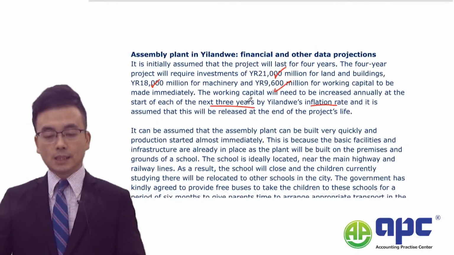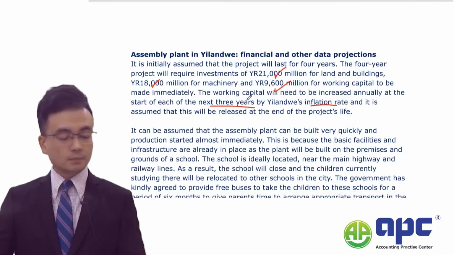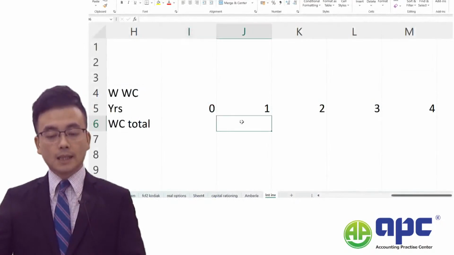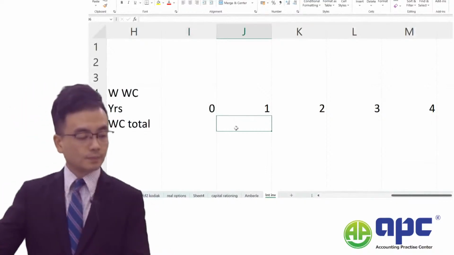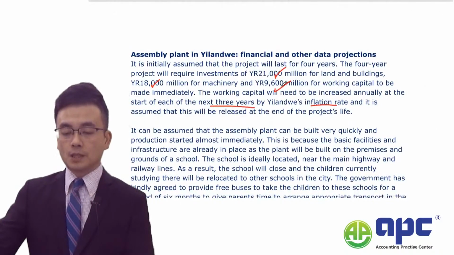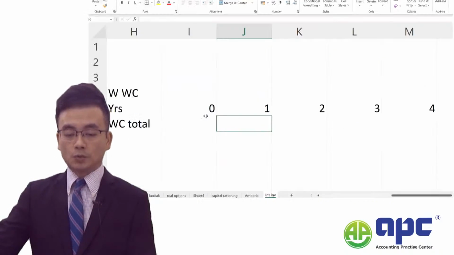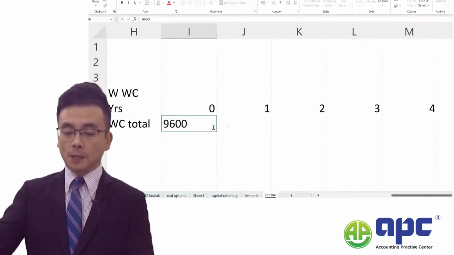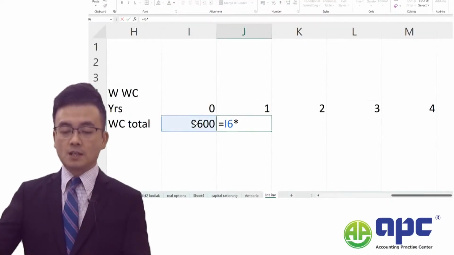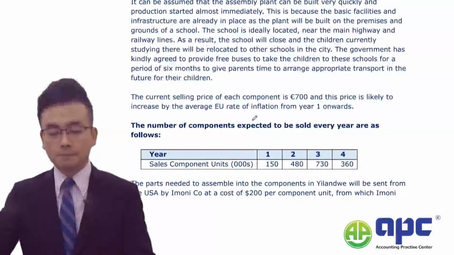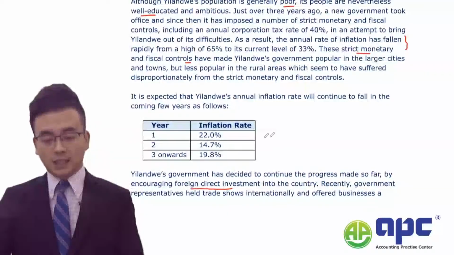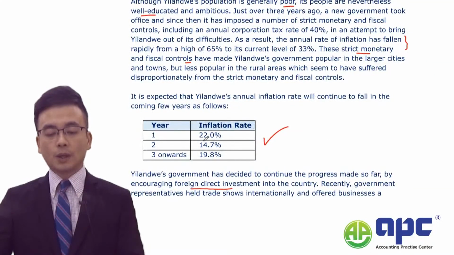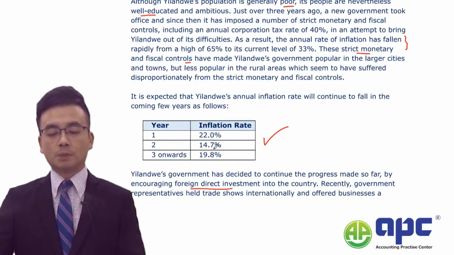Now, what we need at the end of year 1 will be to inflate that 9,600 in year 0 by the inflation rate. So starting with the 9,600, we need to see the inflation rates of the Yulandwi country. At the very first start, we read the question so we can see the inflation rate of the Yulandwi of 22% in year 1, 14.7% in year 2.